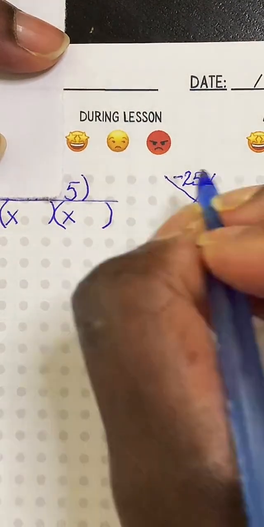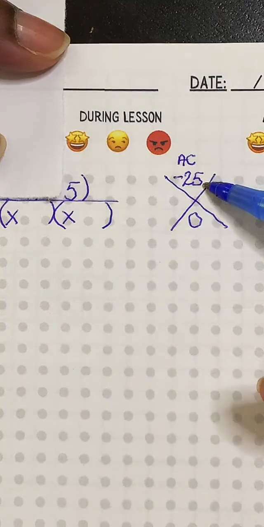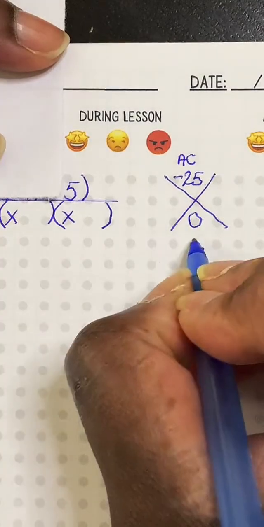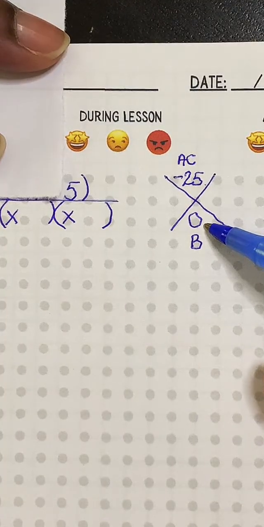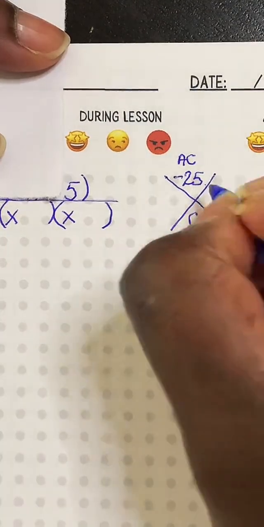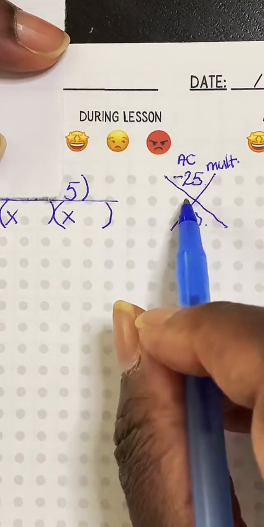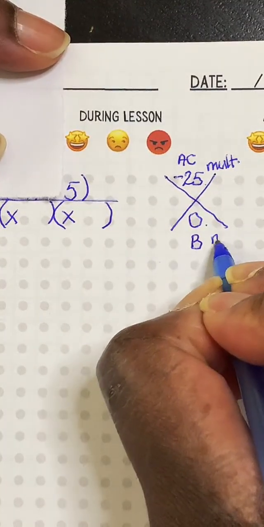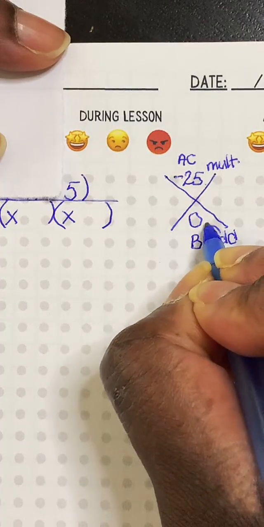We multiplied the a and the c. That gave us our negative 25, and we rewrote our b value, which gives me a 0. So we want to know what two numbers multiply to give me negative 25, and those same two numbers add together to give me 0.